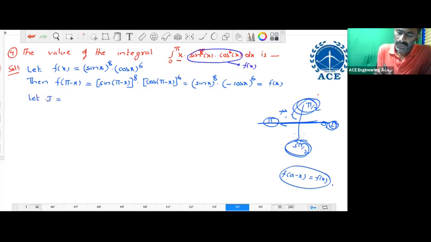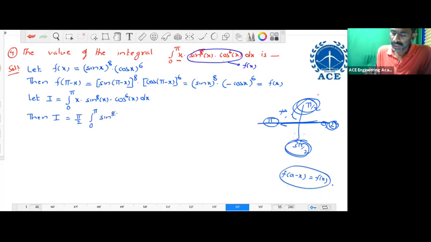Let I equal to integral 0 to pi x into sine power 8 of x into cos power 6 of x dx. Then this will be reduced to a by 2, here a is pi, so pi by 2 into integral 0 to pi sine power 8 of x into cos power 6 of x dx, according to this property.